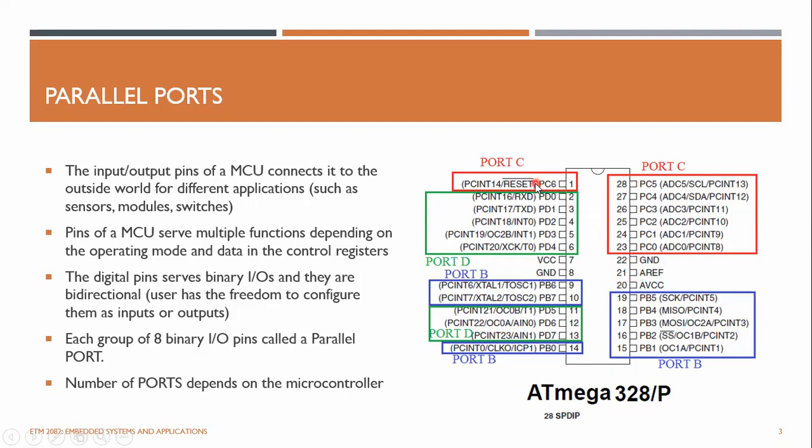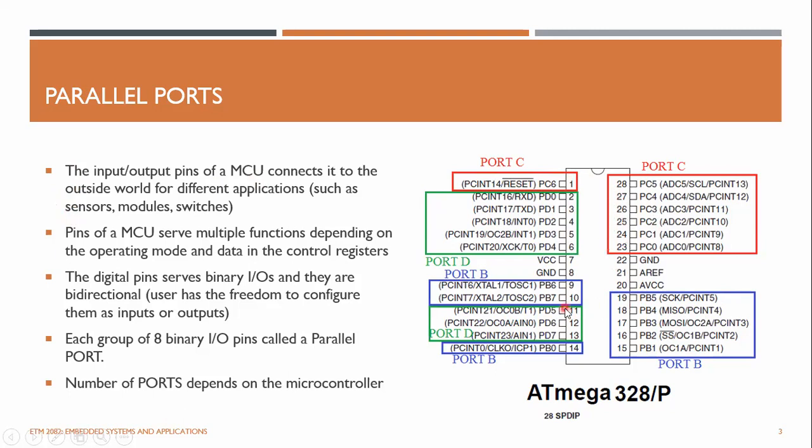Other than that, you can use the rest of the pins for any other applications to connect sensors, LEDs, or any other method. All right. So these input and output pins, you can see they are divided into several ports.